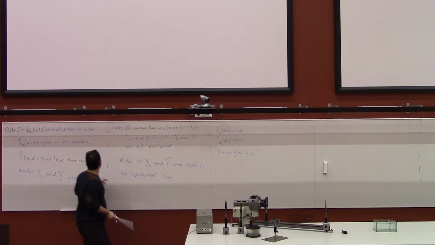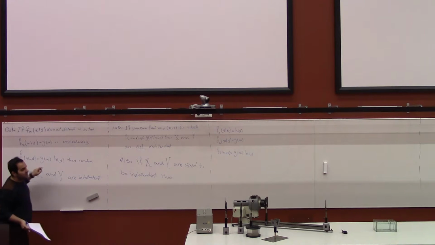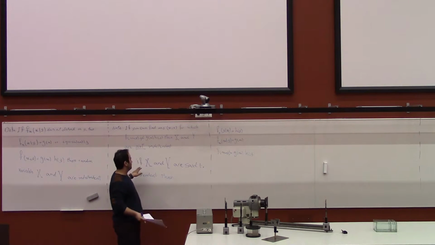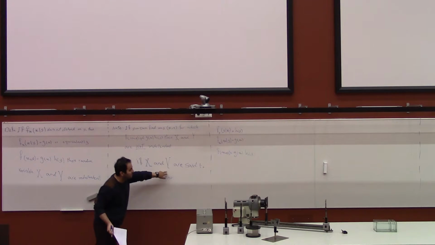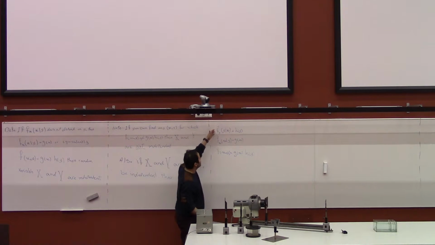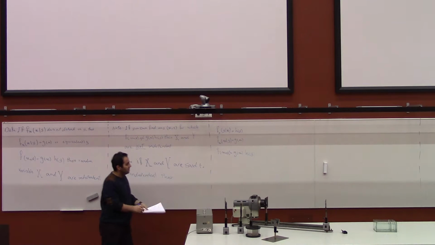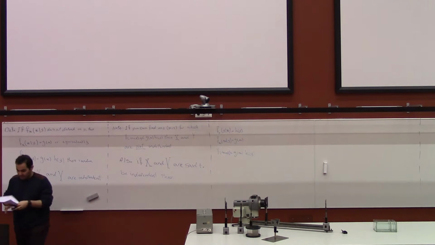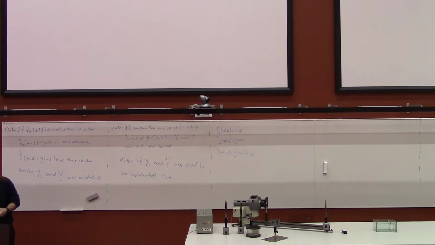Similar to what we mentioned, if X and Y are independent, we have to have these properties. And this is an example here.